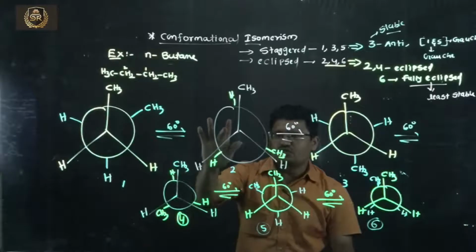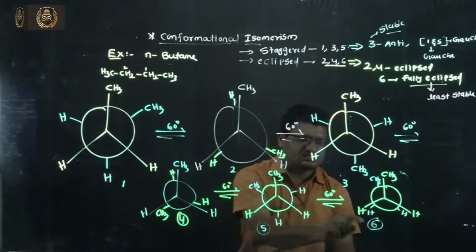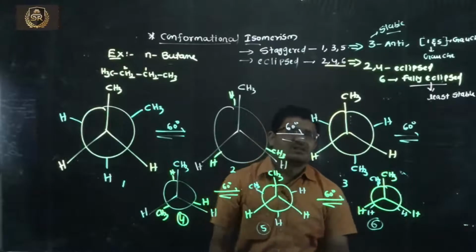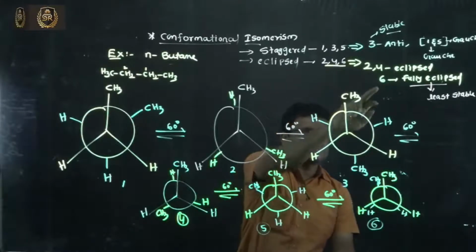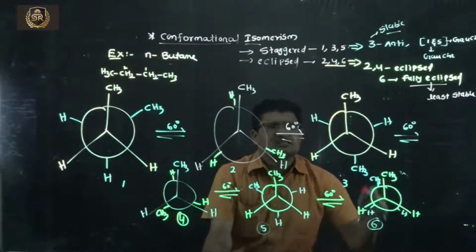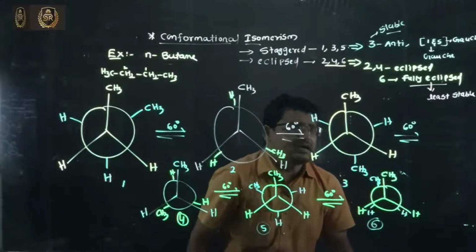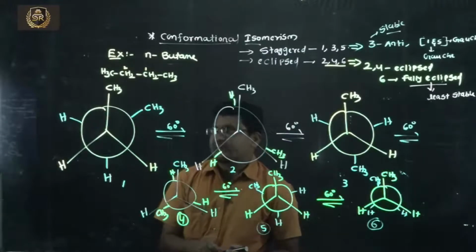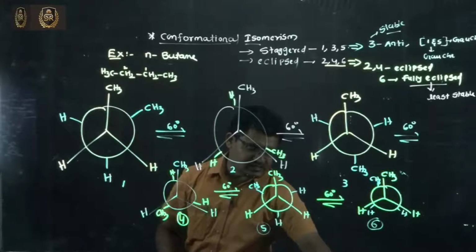The other 2, 4, 6 are eclipsed conformations; 2 and 4 are called eclipsed, and the sixth is called fully eclipsed. Now, its order is very important. Its order is like this.